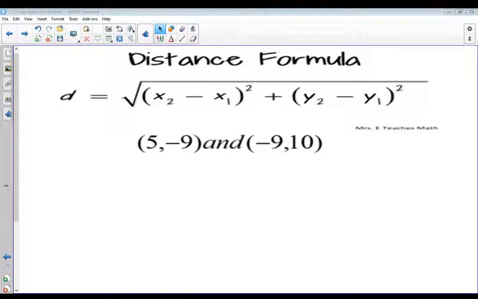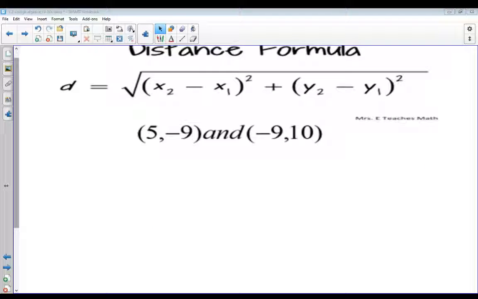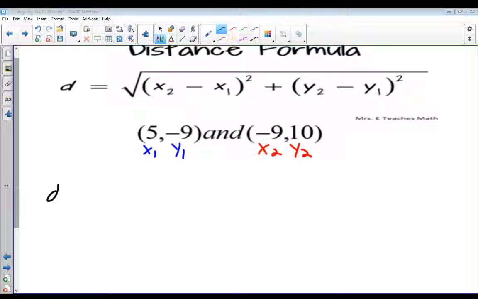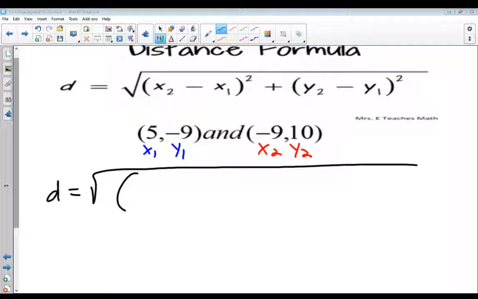So again, same formula. I'm going to take 1 point, label it x1 and y1, take a second point, label it x2 and y2. And then I'm going to plug in those values into the distance formula. So again, square root.